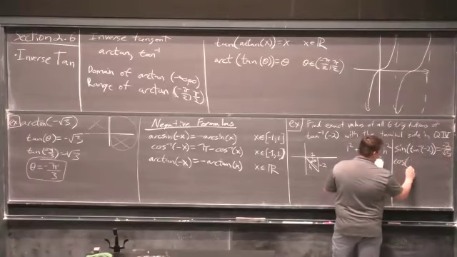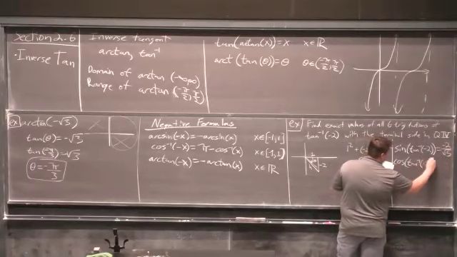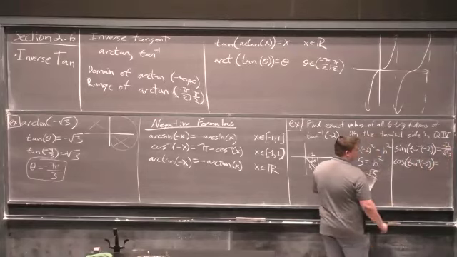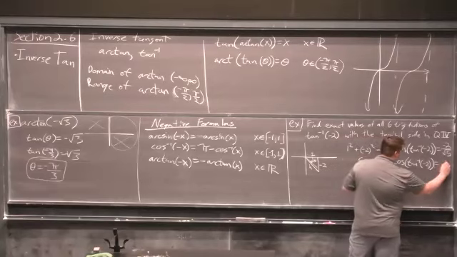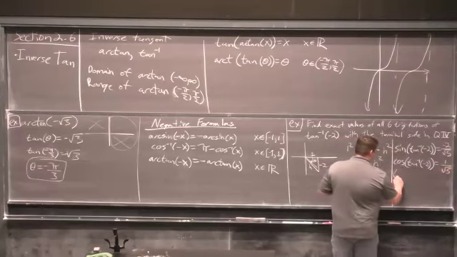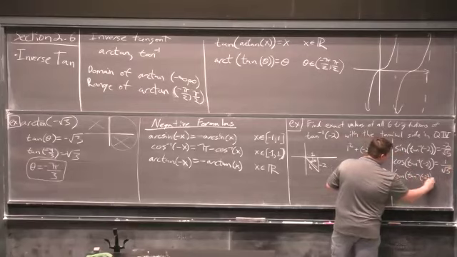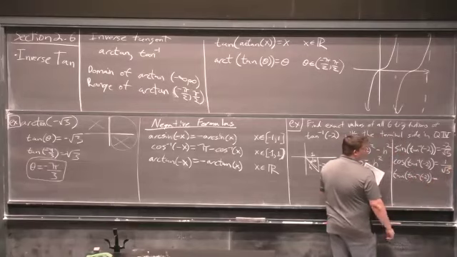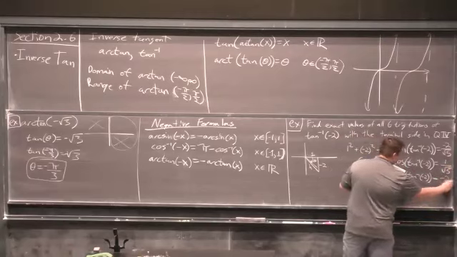Cosine of tangent inverse of -2 is equal to 1 over square root 5. Tangent of tangent inverse of -2 is equal to -2.